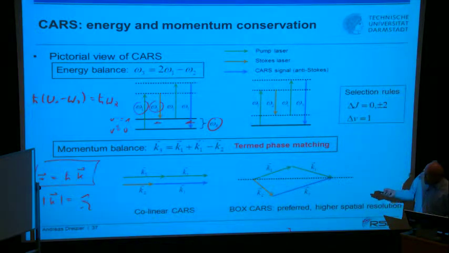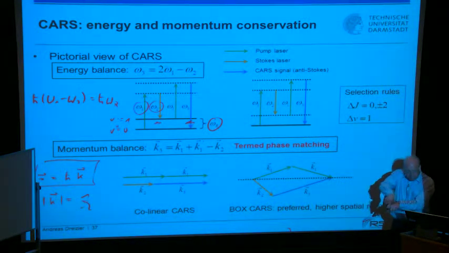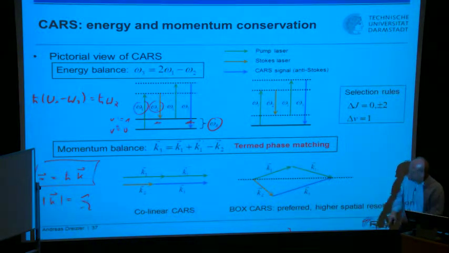And you have then different ways to do that. In gases, for example, you can do it collinearly. You can shine in the k1 and the k1 photons, omega 1, these two pump photons in one direction. And then you would see the k3, the CARS photon, and the additional Stokes photon as well in the same direction. That is not a good choice because then you have overlaid everything. You would not have any spatial resolution.